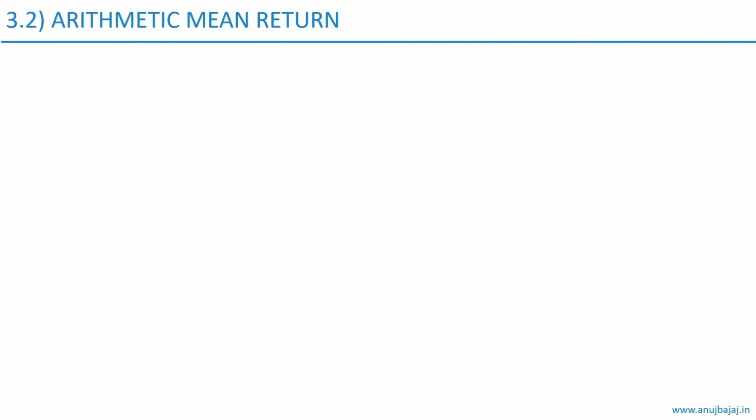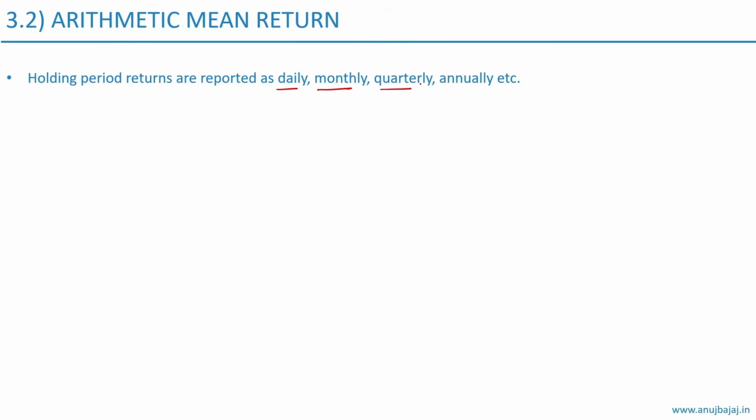Let's look at the second return, the arithmetic mean return. Holding period returns can be reported on a daily basis, monthly, quarterly, or on an annual basis. In the previous example, the investor held the asset for 2 years and he earned 10% and 12%.